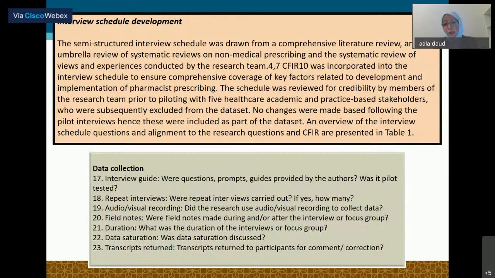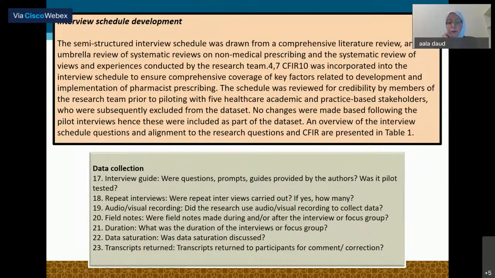And were questions, prompts, guides provided by the authors? Yes, there was, because it states, as you can see, the last sentence there, an overview of the interview schedule questions and alignment to the research question are presented in table 1. So they had a table where they actually presented all the questions.